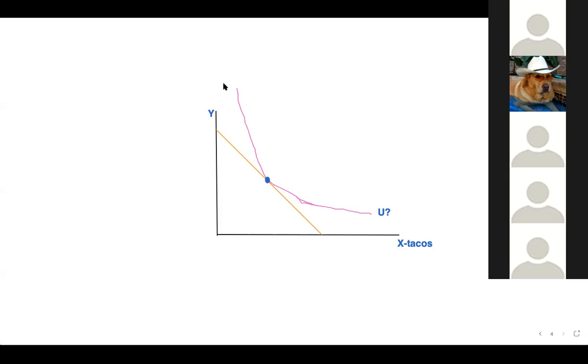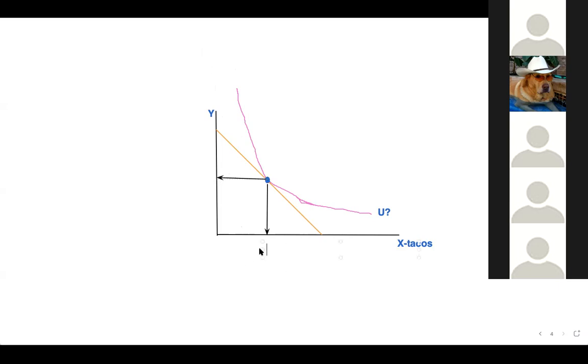But that point of tangency is going to identify a certain amount of X and a certain amount of Y. Okay.